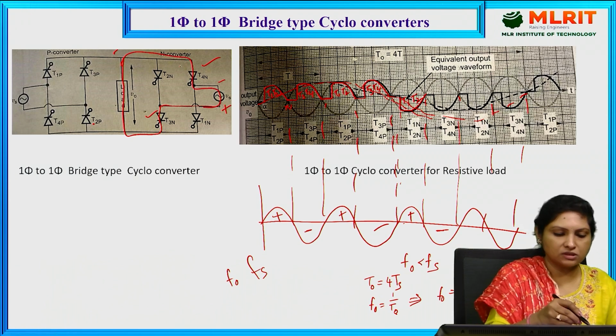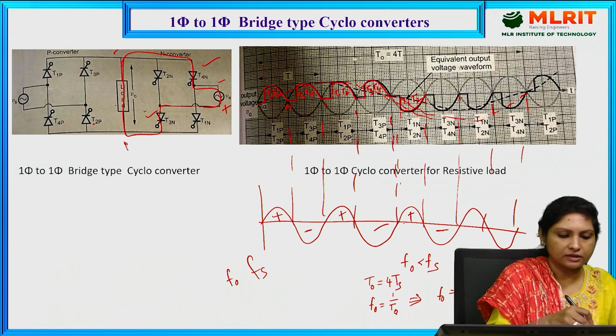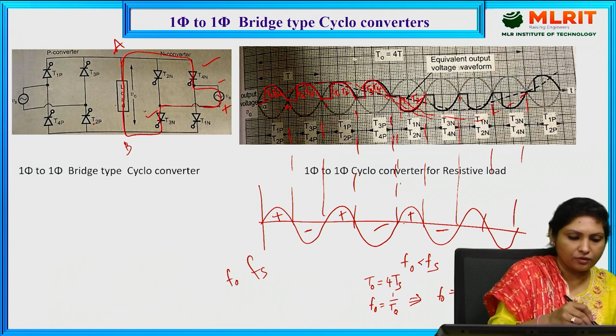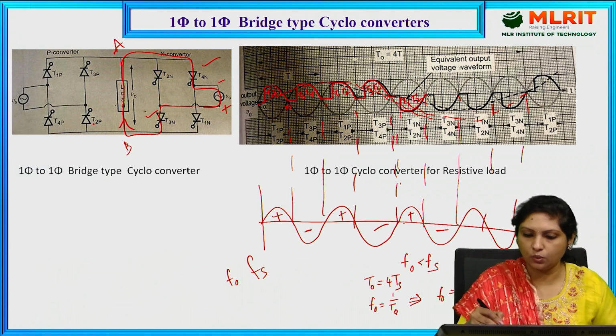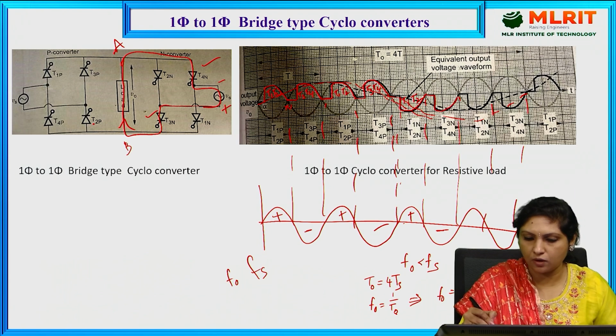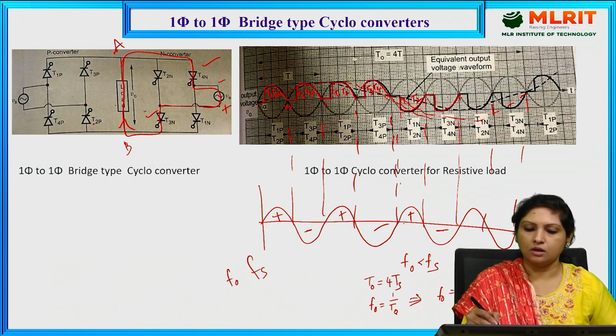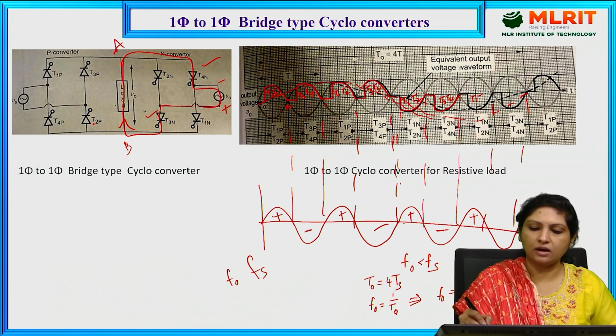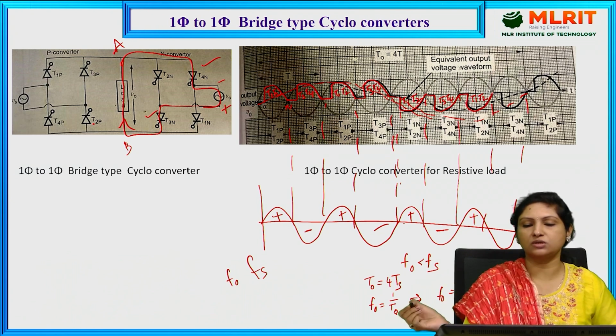T3, T4 are conducting current through the load from B to A, and that is how we are getting the negative half cycle of the output voltage control. So this is T3, T4 conducting here. Again during the positive half cycle, we provide the triggering pulse for T1 and T2 such that the negative half cycle of the output voltage will be controlled.